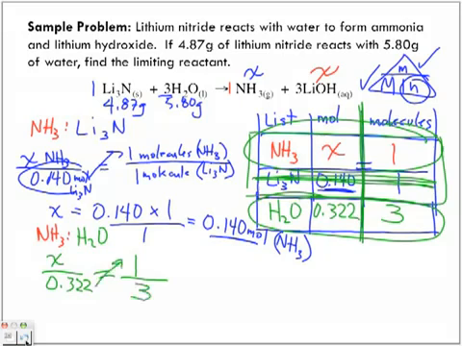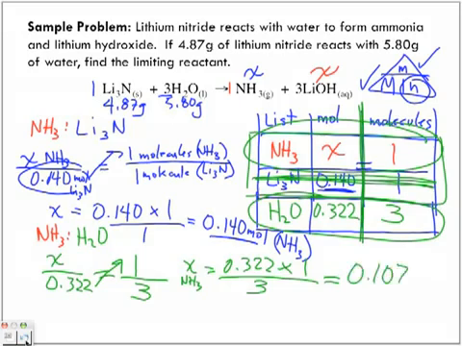And so we're going to bring this over, and we get the number of moles of ammonia is equal to 0.322 times 1 over 3. And when we multiply them together, what do we get? 0.107 moles of ammonia.